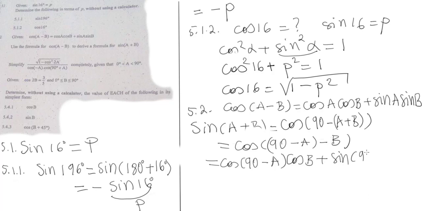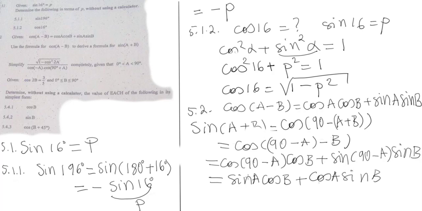Our A is 90 minus A, and then we have sin B using this formula. Now we know that cos 90 changes to sine, so we have sin A multiplied by cos B, and sin of 90 minus A we change to cos A. With 90, cos changes to sine, sine changes to cos.